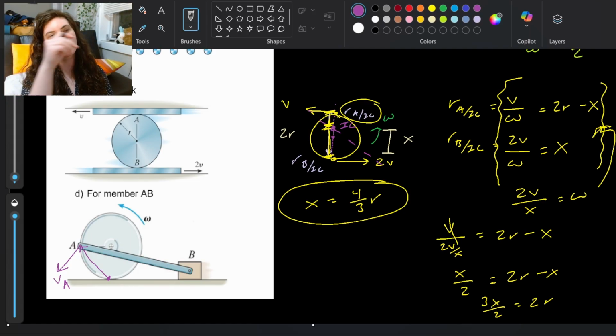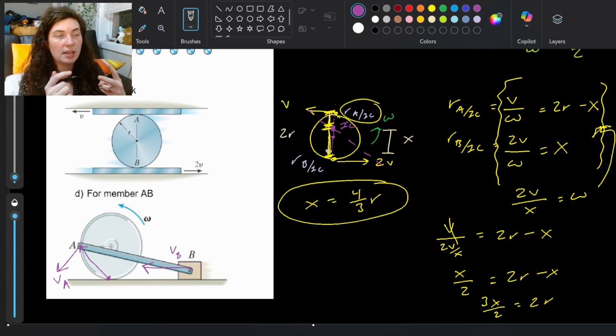And then thinking about the motion of how this would be happening, when we have that angular velocity rotating over, going to the left, it's actually pulling B to the left as well. B is sliding on the ground directly to the left. So again, this is actually going to work just like the first one.